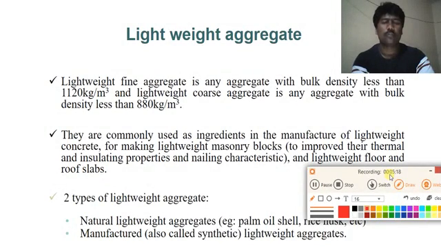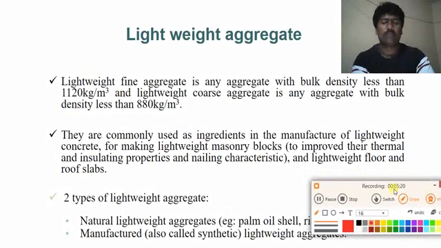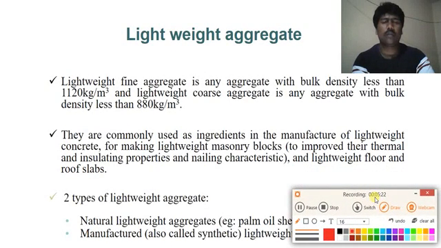So the reasons for using the lightweight aggregates are the cost of the structure is decreasing by reducing the dead load of the structure, and also the thermal capacity and the strengthening properties of the concrete is improving. And also these lightweight aggregates are used for preparation of lightweight floors and also in roof slabs. So this is about lightweight aggregates.